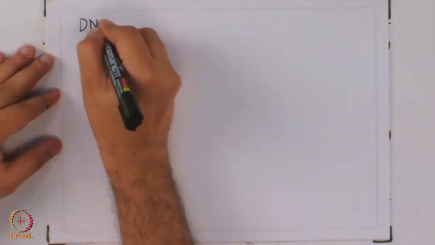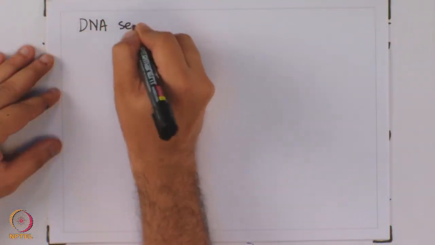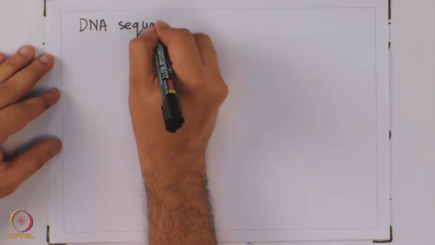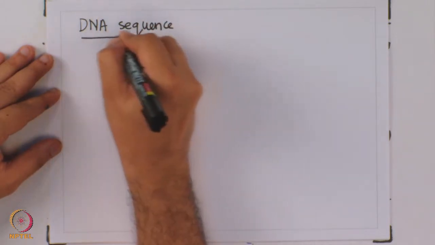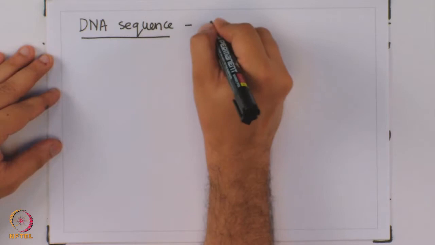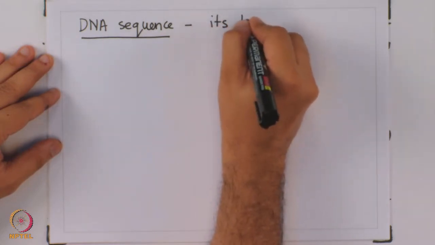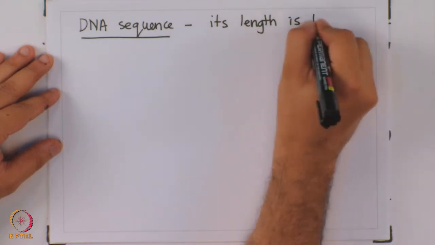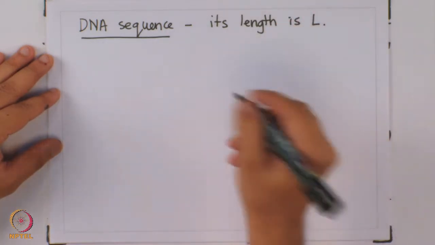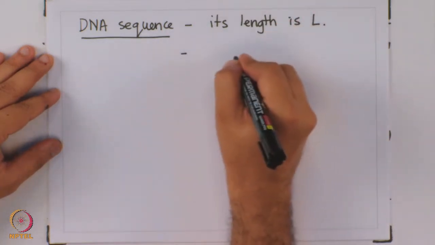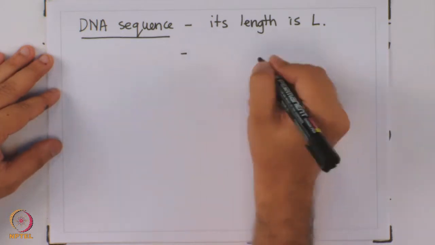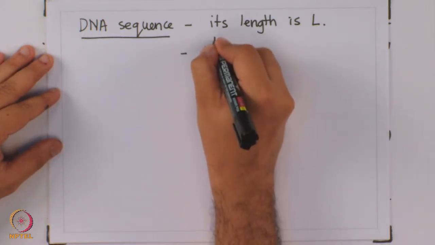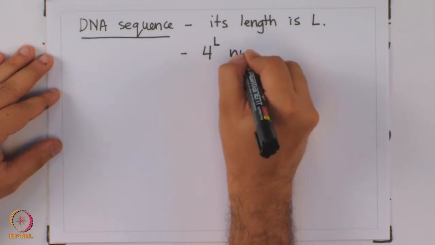So, we have a DNA sequence and its length is L, and we have already seen that if we define a sequence of length L, there are 4 to the power L sequences.